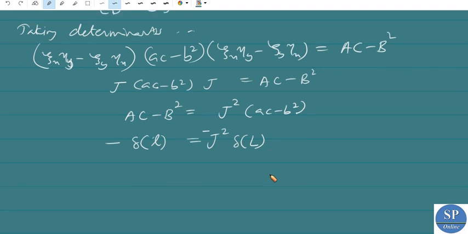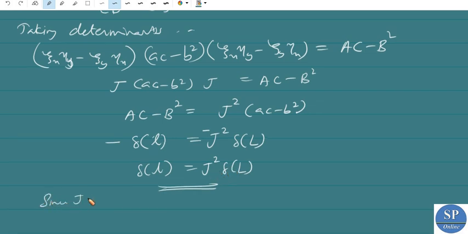So from this we get delta of small l is equal to J square into delta of capital L. That is, the discriminant of the second PDE is J square times the discriminant of the given PDE.